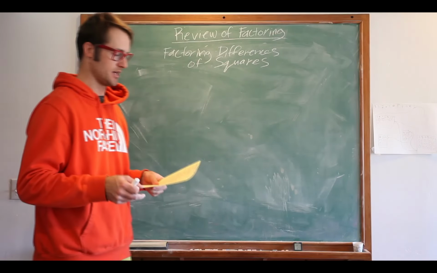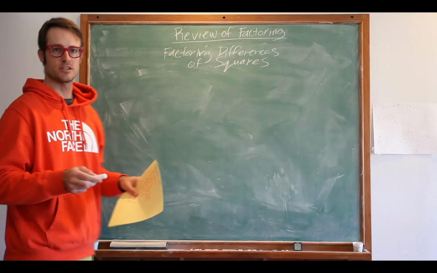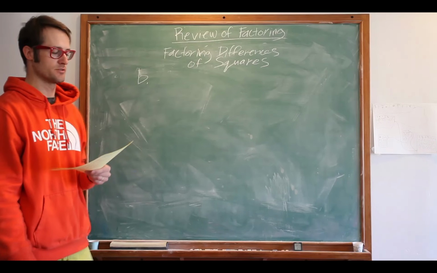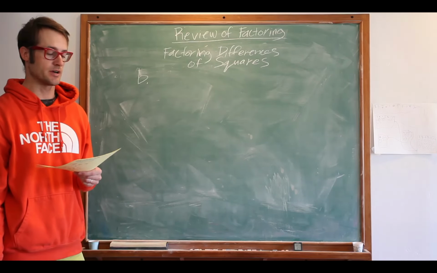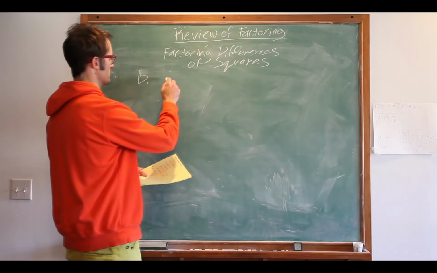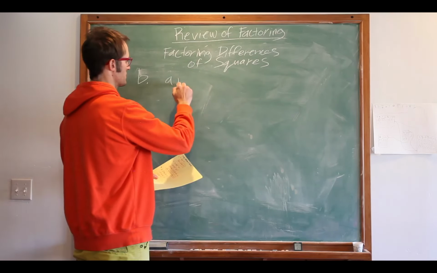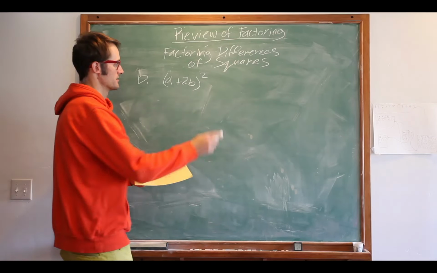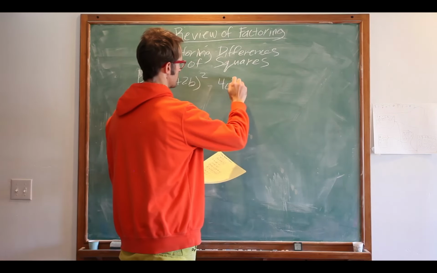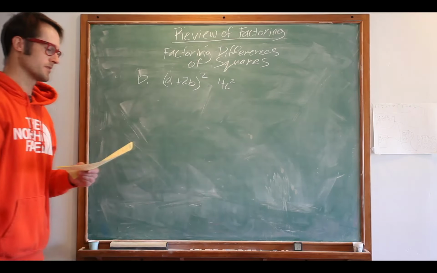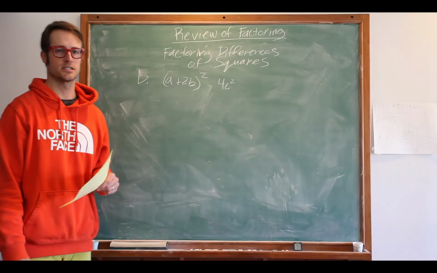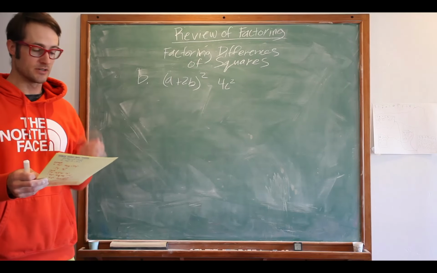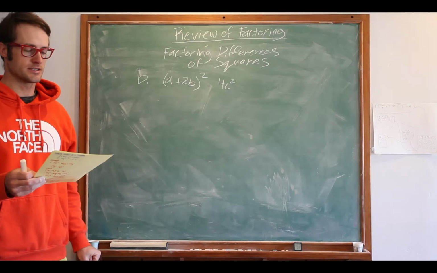Getting back to it, I have an interesting example. It's maybe a little different than what you normally see when you're doing differences of squares problems, but let's do it. So it's a plus 2b squared minus 4c squared. When you first look at this, it doesn't look like a normal difference of squares problem, and it's sort of hard to tell how to do it.